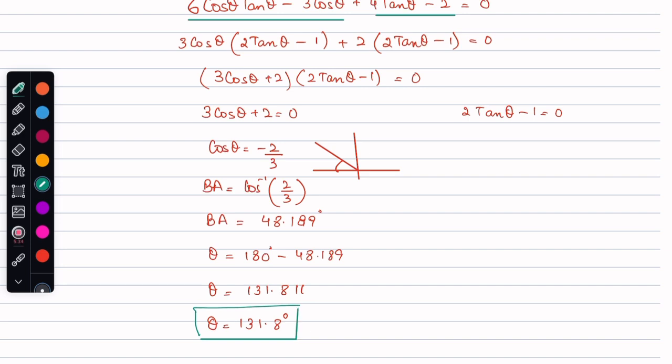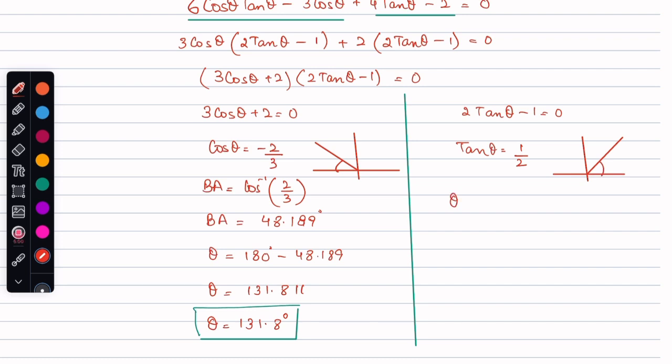Now, solving for 2 tan theta minus 1, which equals 0, I can say that tan theta equals 1 by 2. And locating the quadrant, first and the second within the domain 0 to 180 degrees, tan theta is positive in the first quadrant. Therefore, it's going to be this angle here.